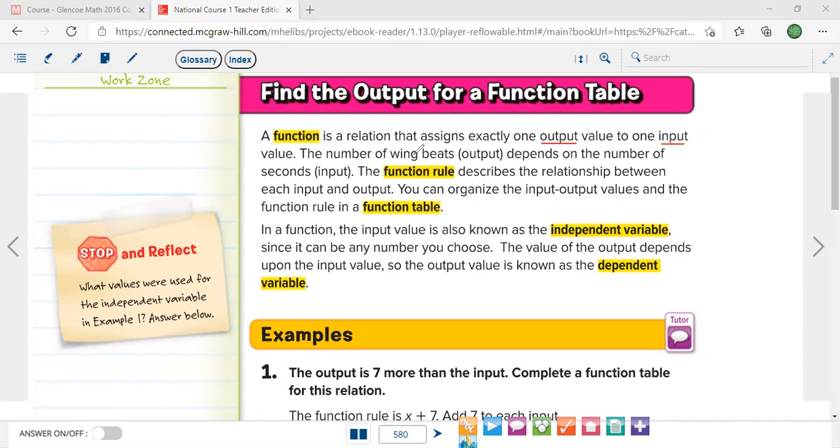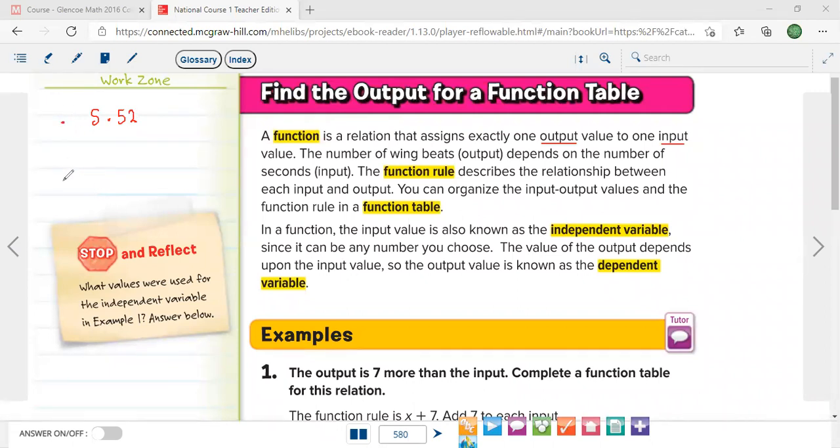The number of wing beats, the result, the output, depends on the number of seconds, which is the input, which is the variable. The function rule describes the relationship between each input and output. The function rule, in the first case, it was s times 52.